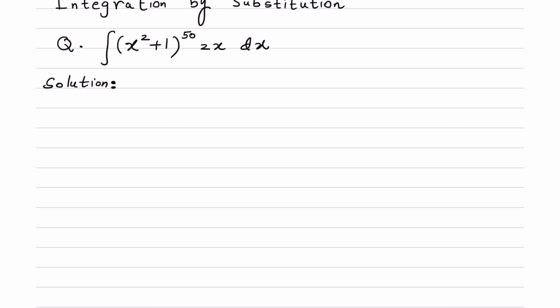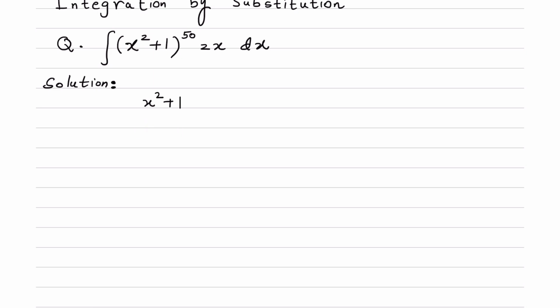We know that derivative of x square is 2x, but we also know that if we pick an expression x square plus 1, then its derivative is, x square derivative is 2x, plus derivative of 1 is 0. So x square plus 1 derivative is also 2x.